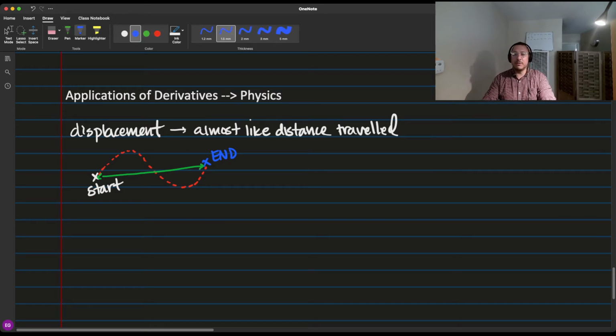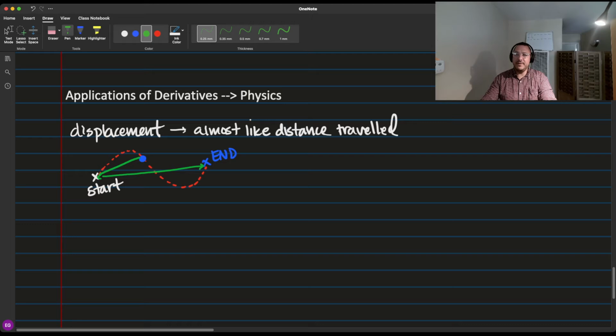So if you choose some other point along the path, like right here, the distance traveled would be you'd take the measuring tape along your path and measure that. That's not what we want. We just want to measure this.